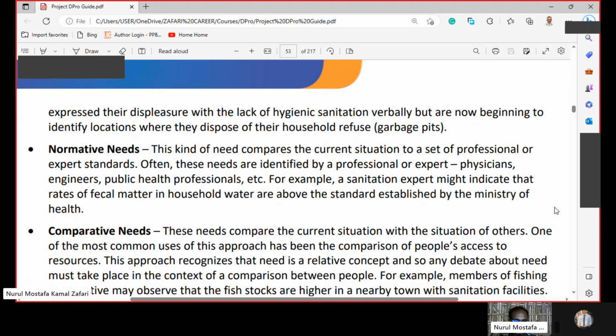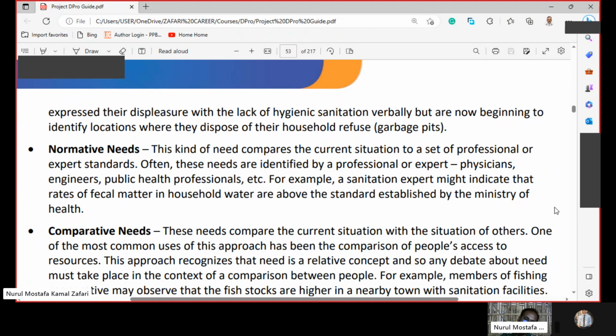Normative needs. This kind of need compares the current situation to a set of professional or expert standards. Often, these needs are identified by a professional or expert, maybe physicians, engineers, public health professionals, etc. For example, a sanitation expert might indicate that rates of fecal matter in household water are above the standard established by the Ministry of Health.